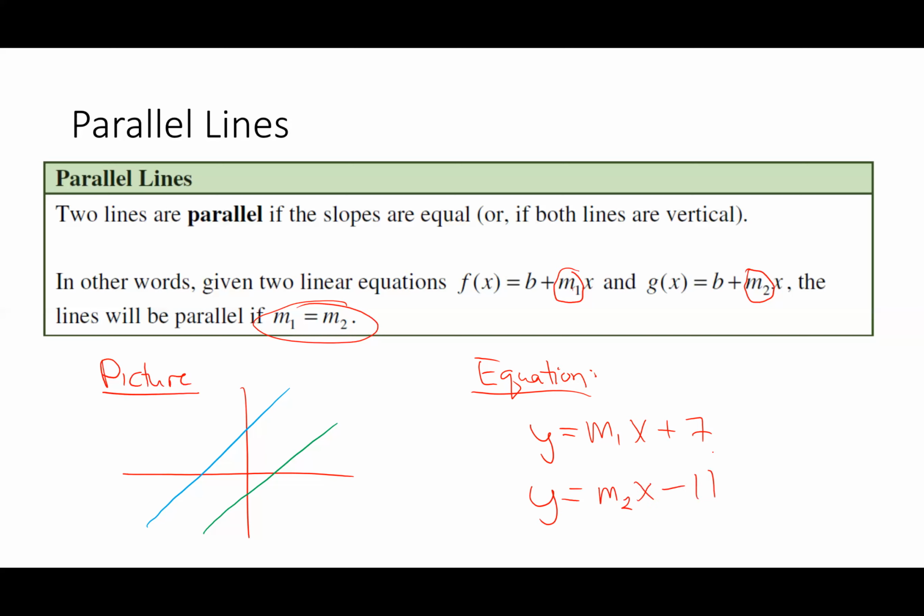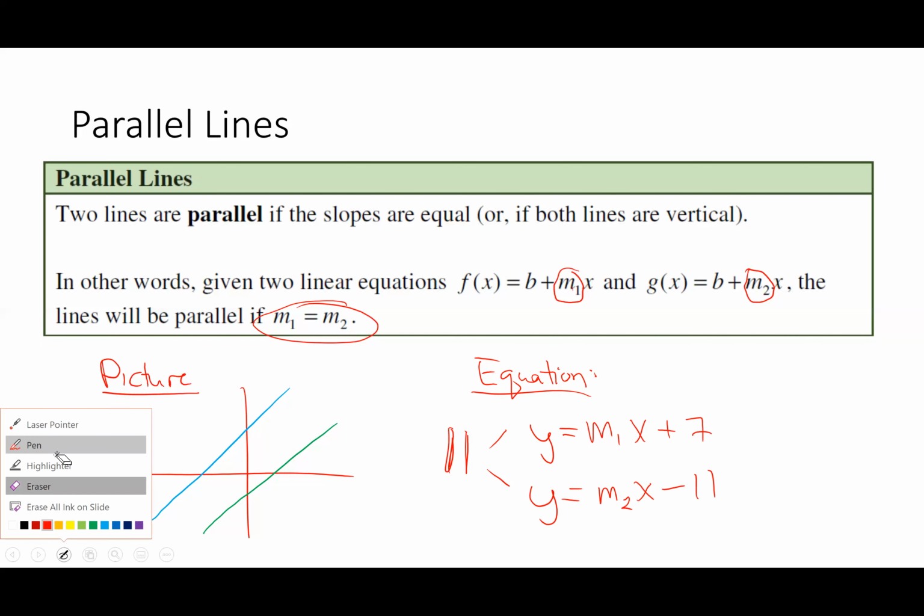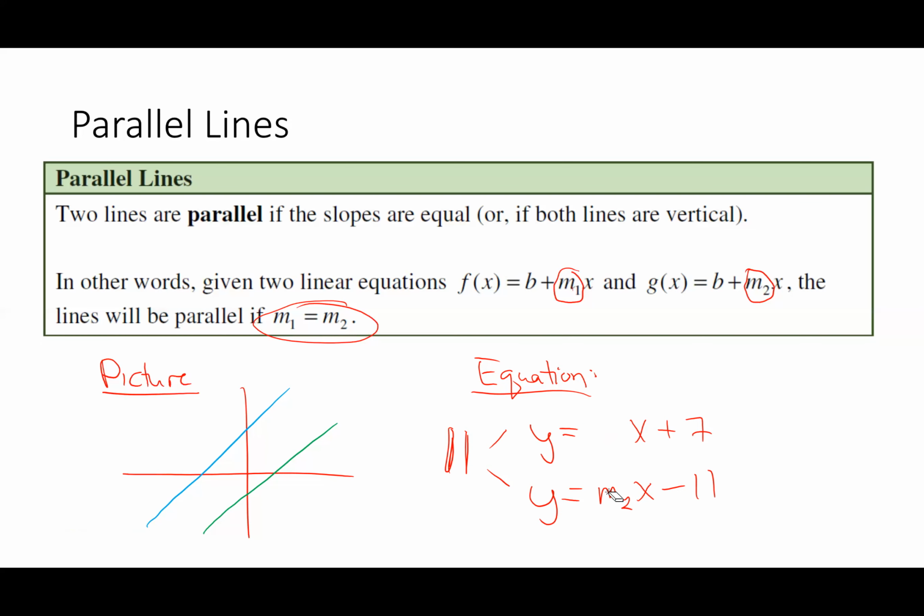If these lines are parallel, and the typical notation is two vertical lines, then what has to happen is when I fill these slope values in, I don't get to be too creative. If I choose some slope value here, let's say I chose 5, because these lines are parallel, this slope also has to be 5. Whatever I choose here, I don't have that freedom of choice here. That same value has to be repeated.